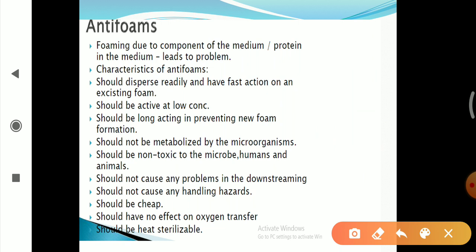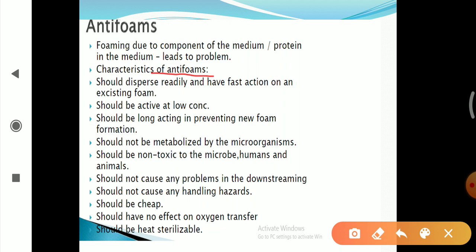The characteristics of antifoams. Whatever antifoaming agents we are using have some characteristics. I think this much is clear: foaming is normally due to the medium we are using. If it is a proteinaceous medium, that creates foam, or vigorous agitation and aeration lead to foam formation.